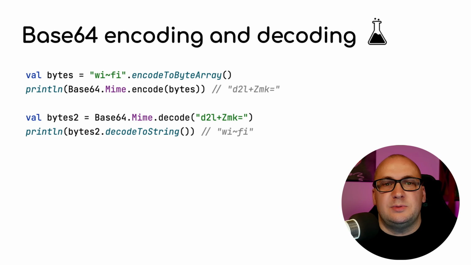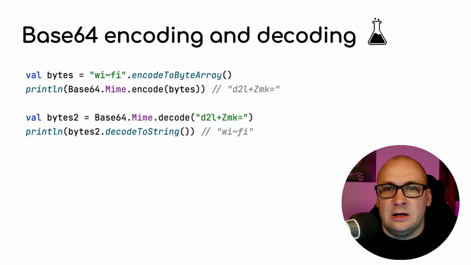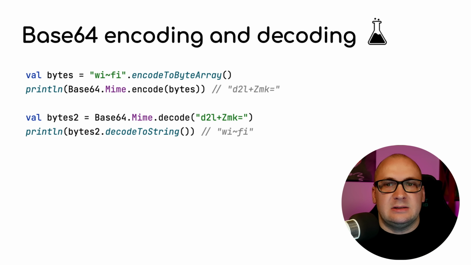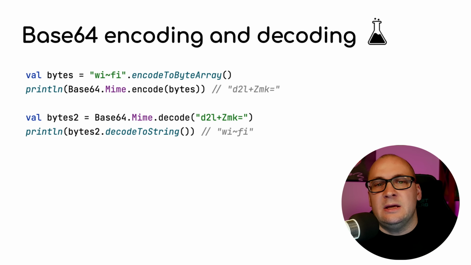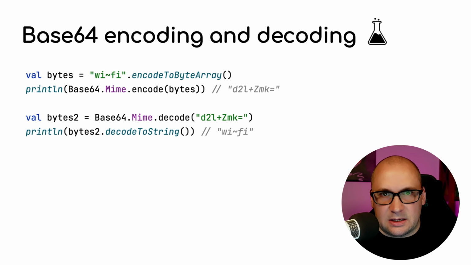Alternatively, we also provide the MIME instance for the MIME encoding scheme. Note that when you use this instance, all the encoding functions insert a line separator every 76 characters, and when decoding, any illegal characters are skipped and don't throw an exception.